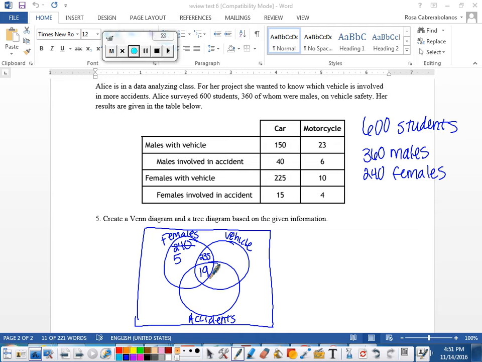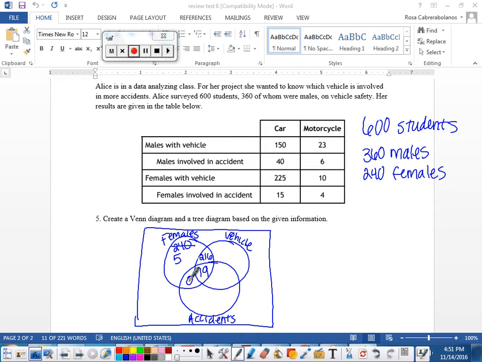So I am going to cross that one out. Oh, I can't cross it out, it's too small. So I'm going to erase it and put 216. Now we're not interested in females that don't have a vehicle and had an accident, so that's 0.